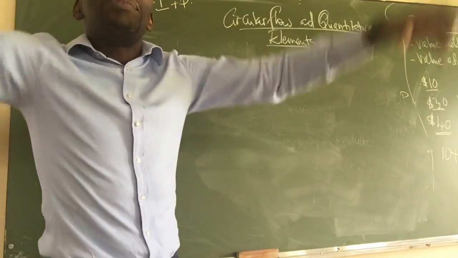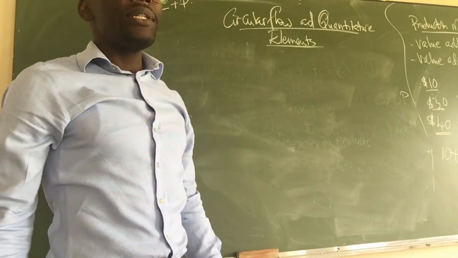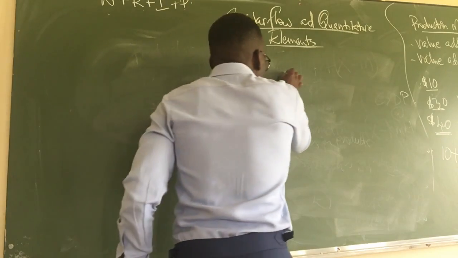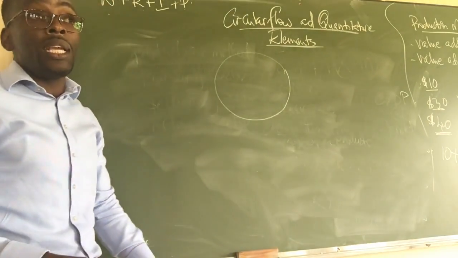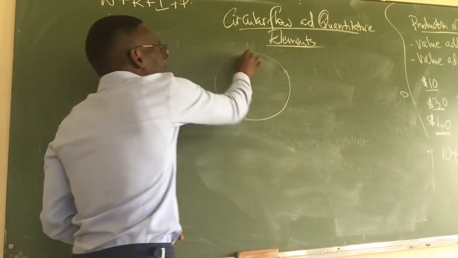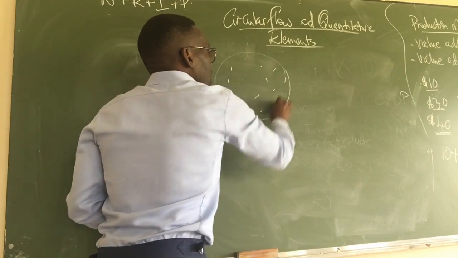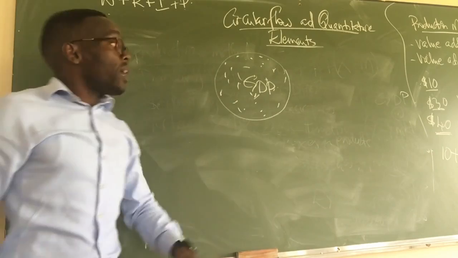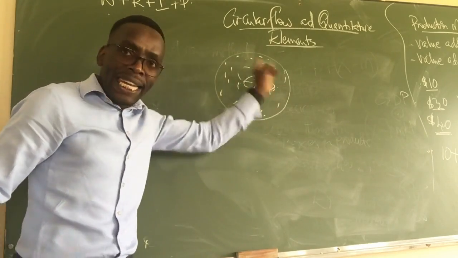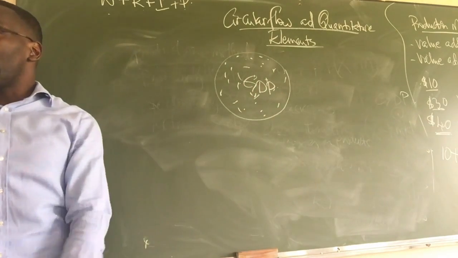So within the borders of a country. In other words, if I take this to be my country, anything that is produced here feeds to the GDP. As long as it was produced within the borders, it feeds onto our GDP.